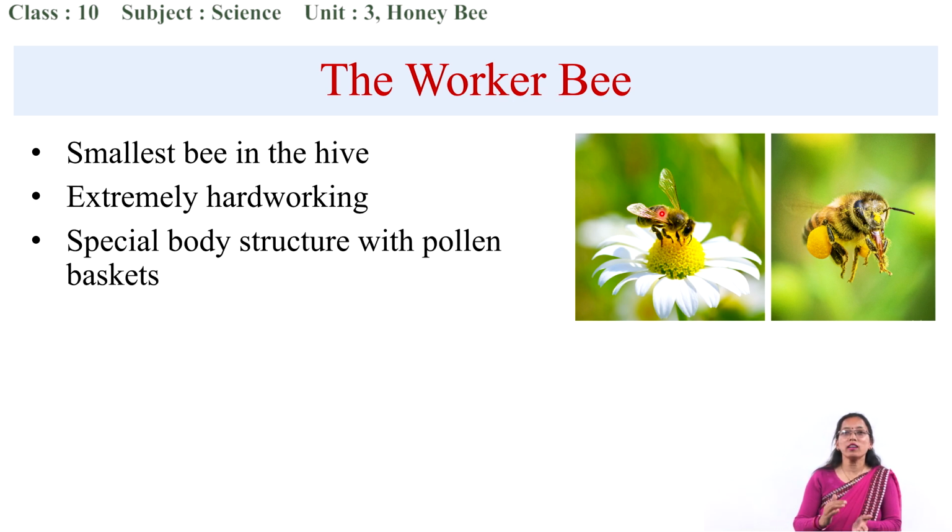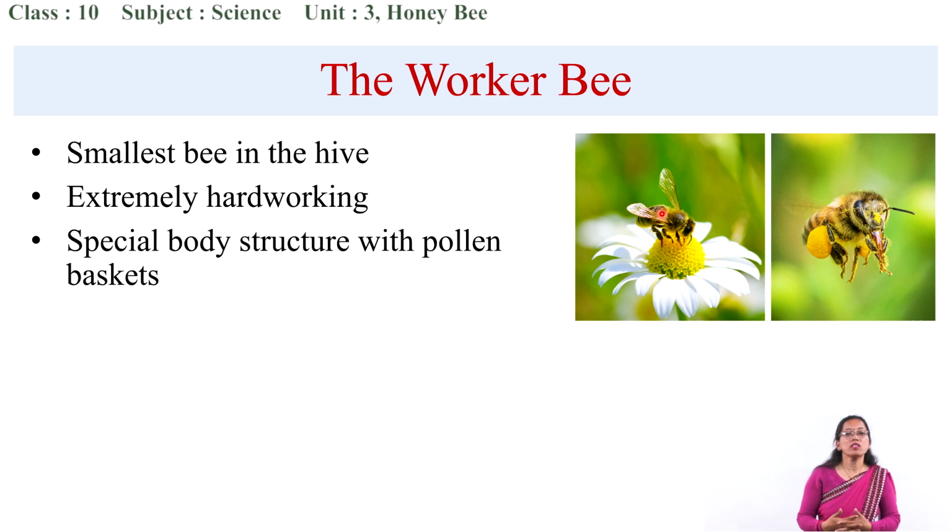It works from birth to death. That means it constructs the hive. It collects nectar from different flowers. It also collects pollen from different flowers, and it also produces honey using that nectar.